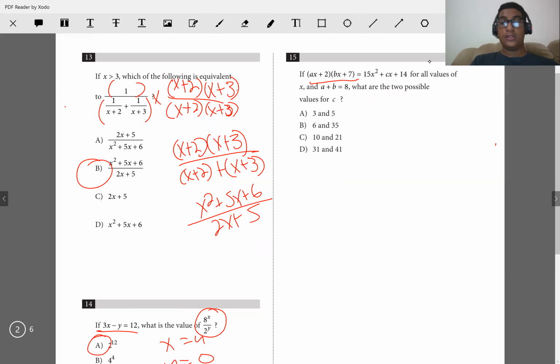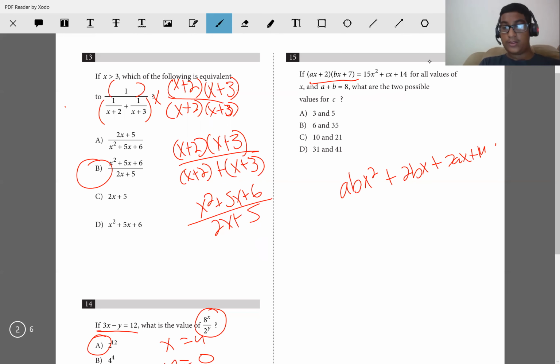So what I first want to do is FOIL this first equation. So if I do this, this would give me abx squared plus 2bx plus 7ax plus 14, and this is equal to this equation. So what I know from this is that I can make equations out of this.